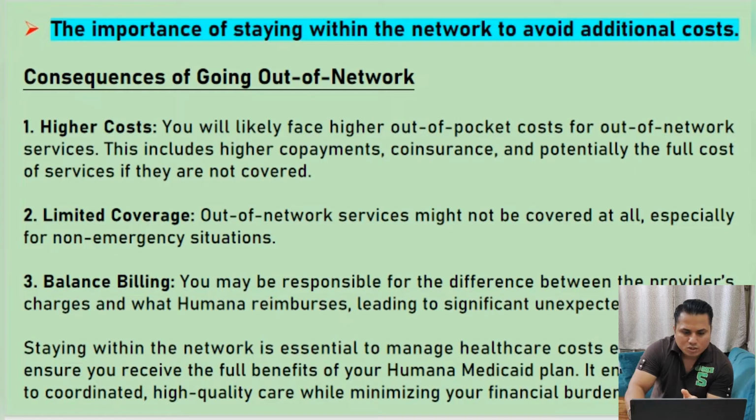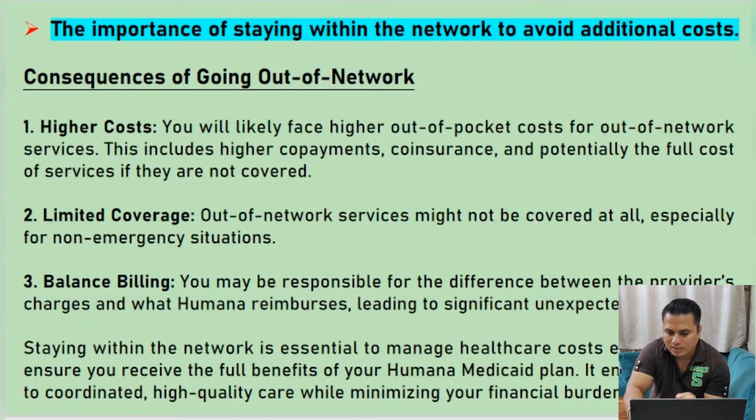Now, consequences of going out of network. Number one, higher costs. You will likely face higher out of pocket cost for out of network services. This includes higher co-payments, co-insurance, and potentially the full cost of service if they are not covered. Number two, limited coverage.